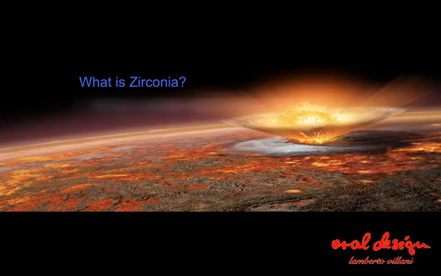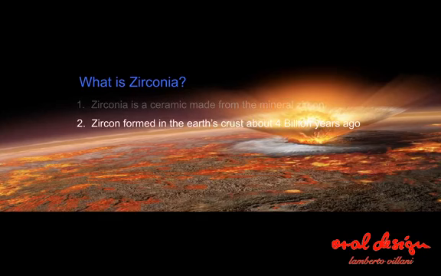So what is zirconia? Zirconia is a ceramic made from the mineral zircon. Zircon formed in the Earth's crust about 4 billion years ago.